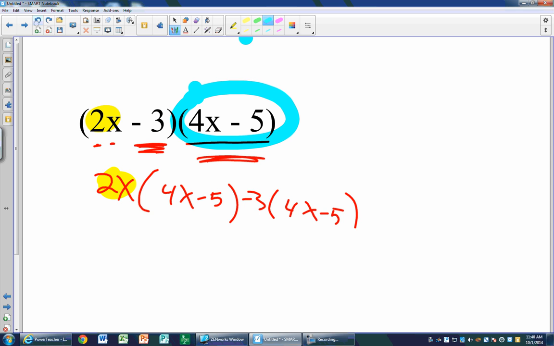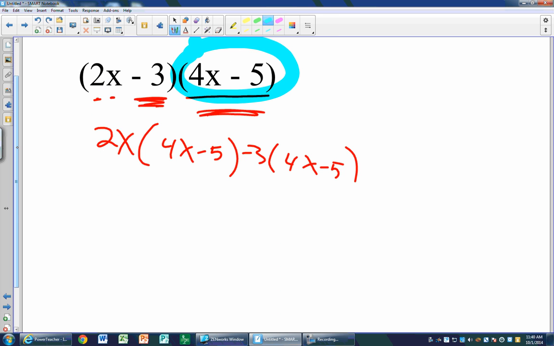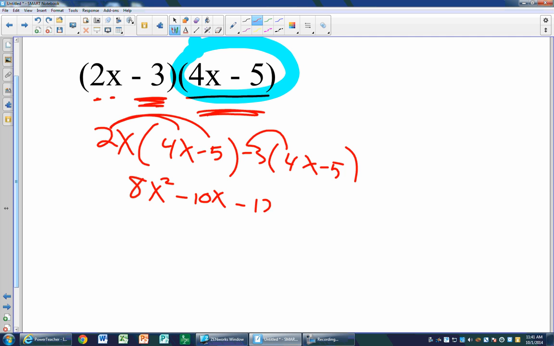So now let's do the arithmetic. 2x times 4x is 8x squared, for the same reasons as before. 2x times -5 is minus 10x. We multiply the negative 3 times the 4 with the x. We get negative 12x. Negative 3 times negative 5 is positive 15.